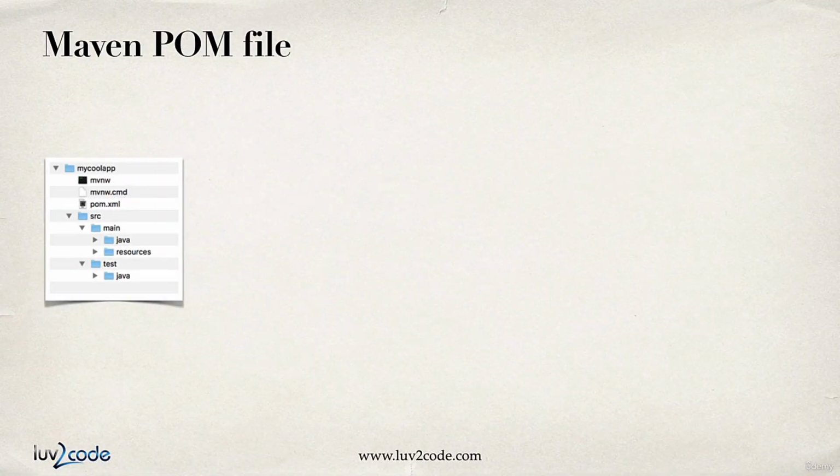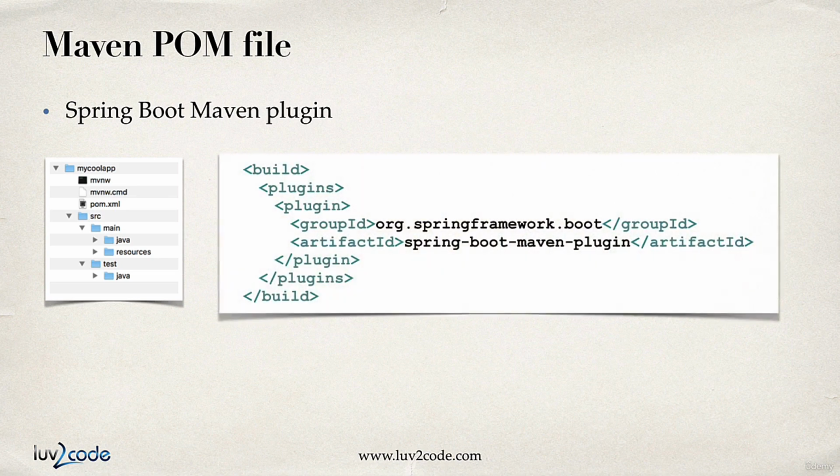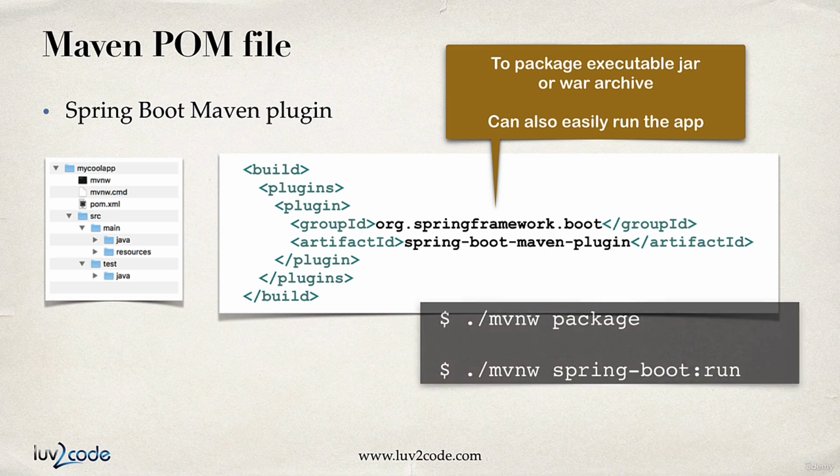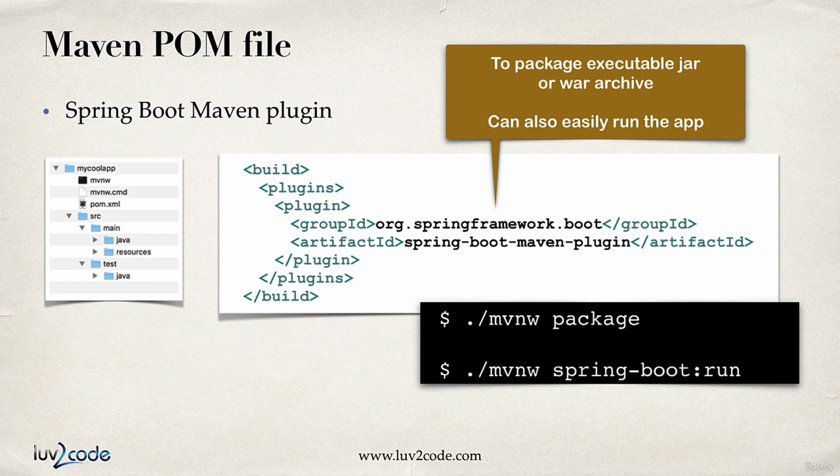And then also in the Maven POM file, there's a section for the Spring Boot Maven plugin. You'll actually see that at the bottom of the POM file. This plugin is used to package an executable jar file that we can run from the command line, or to create a war archive file. And you can also use this plugin to easily run the application. So at the bottom, I simply say mavenw package, and then I say mavenw spring-boot:run.